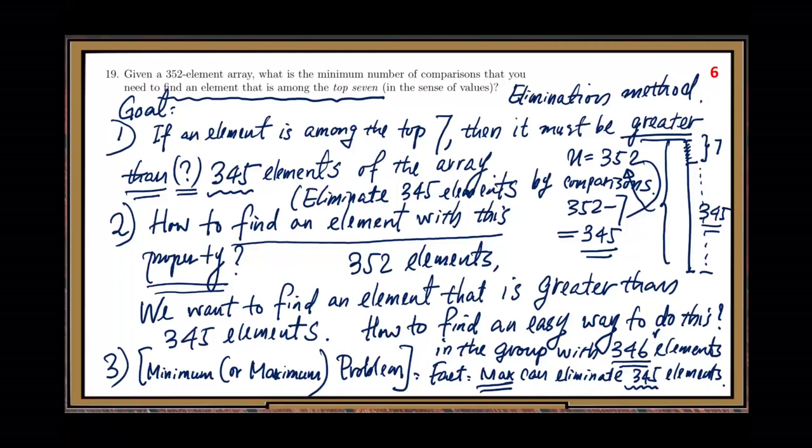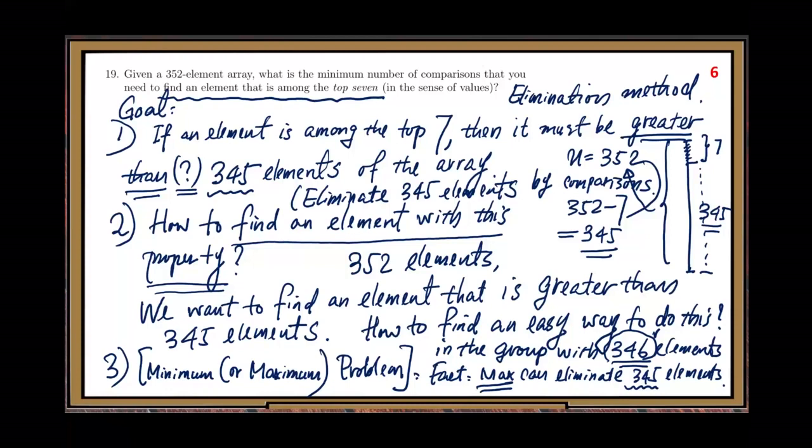So how many is just enough? 346 elements is enough. After we select this many elements, we apply our finding-the-maximum algorithm on it, and we get the maximum with 345 comparisons.